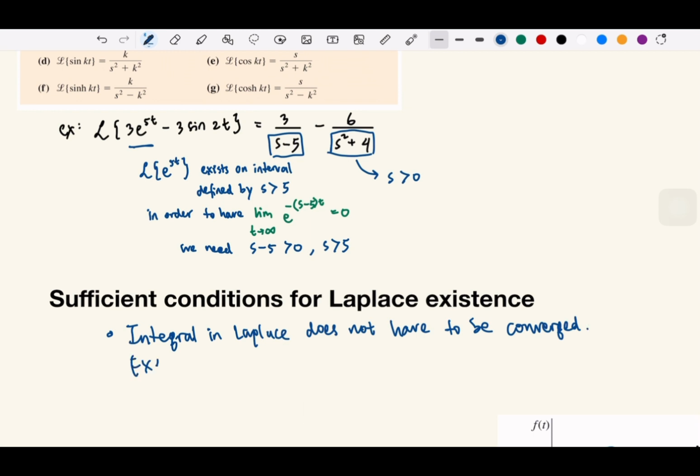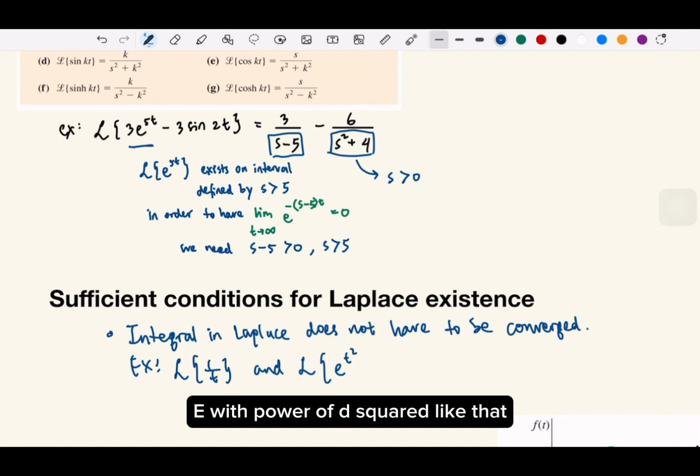Example: Laplace of 1 over t, and Laplace of e to the power of t squared, like that.